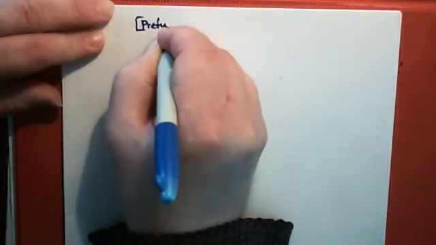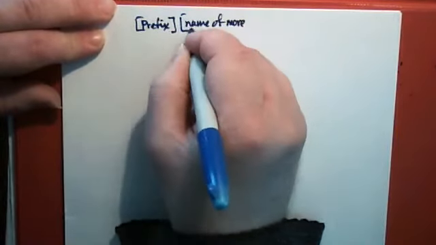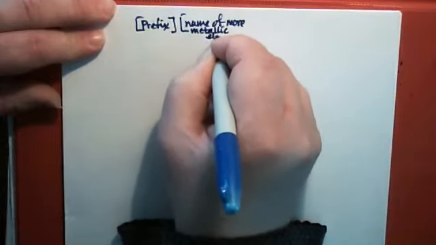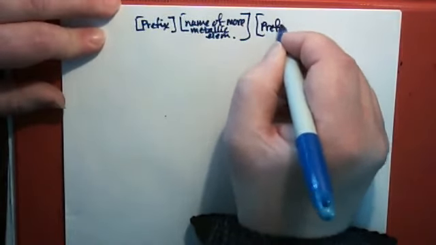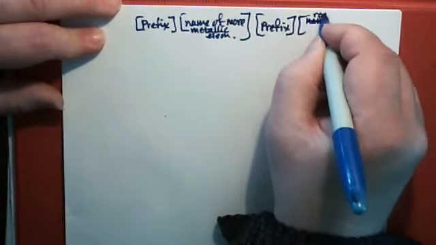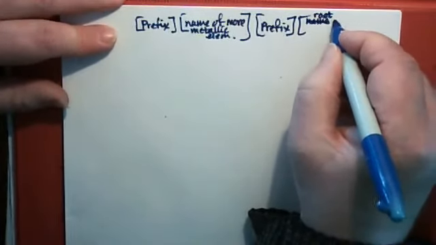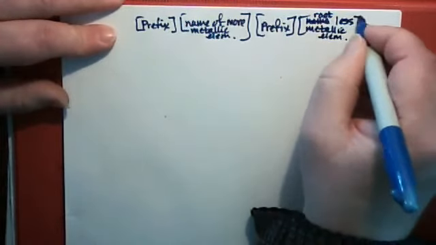Okay, so the form it takes is prefix followed by the name of the more metallic element, followed by another prefix for the second element, followed by the root of the less metallic element, ending in IDE.